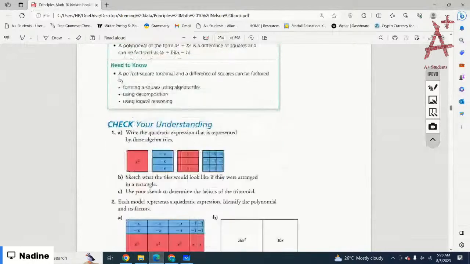A perfect square trinomial and a difference of squares can be factored by forming a square using algebra tiles, using decomposition, and using logical reasoning.